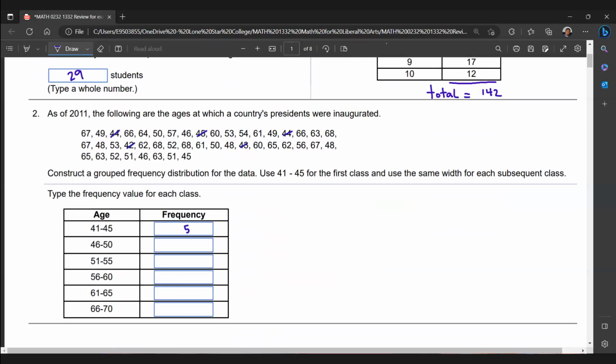From 46 to 50: 1, 2, 3, 4, 5, 6, 7, 8. And I think I didn't count this 45 before, so I'm going to change that 5 to a 6.